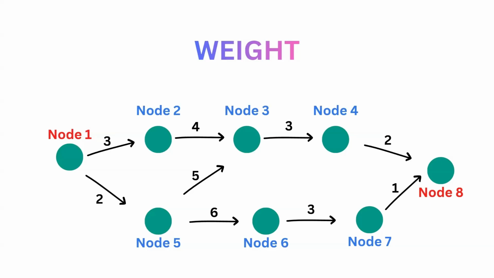For example, an edge with weight 5 means moving between those two nodes, for example node 5 to node 3, costs 5 units, while an edge with weight 2 from node 1 to node 5 is cheaper and closer. This way, we can choose the most efficient or optimal route between vertices.